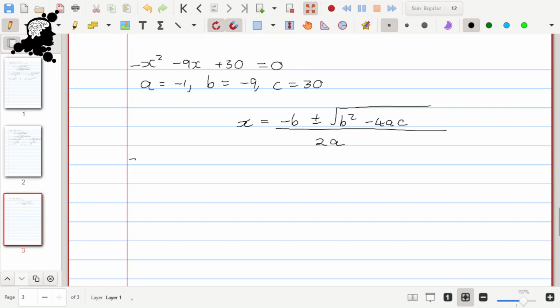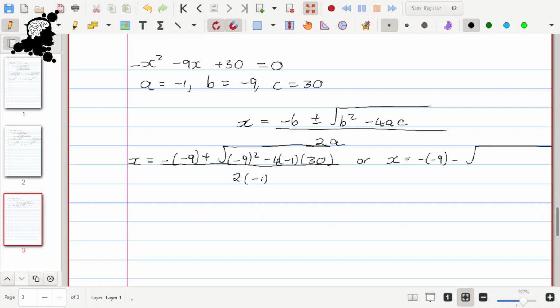Let me go straight ahead and separate this. x is equal to negative negative 9 plus the square root of negative 9 squared minus 4 times negative 1 times 30, all divided by 2 times negative 1, or x is equal to negative negative 9 minus the square root of, I'm running out of space here, negative 9 squared minus 4 into negative 1 into 30, and this is all over 2 times negative 1.